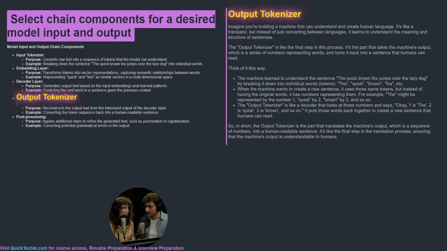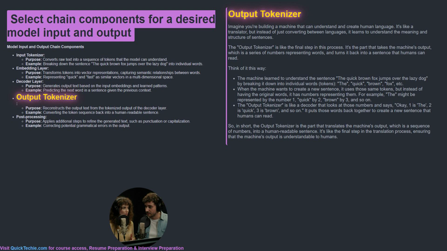The machine learned to understand the sentence, "The quick brown fox jumps over the lazy dog," by breaking it down into individual words, tokens: the, quick, brown, fox, etc. When the machine wants to create a new sentence, it uses those same tokens, but instead of having the original words, it has numbers representing them.